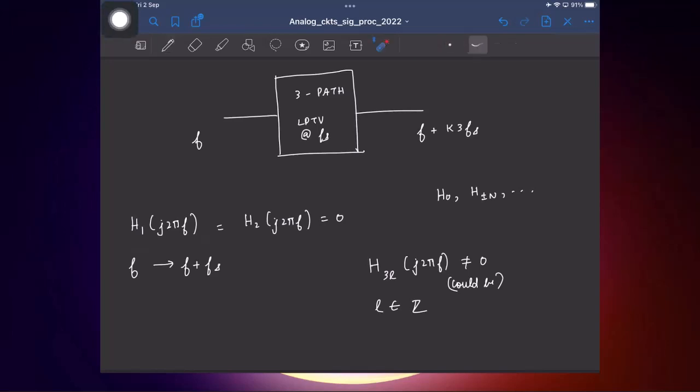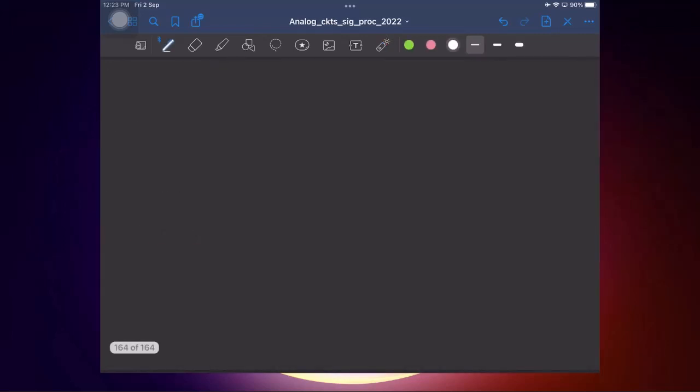So now we looked at how we have this behavior in the time domain. So let's look at the same in the frequency domain and confirm that indeed these harmonic transfer functions are 0. And for that, first let's look at a single LPTV operating at Fs.